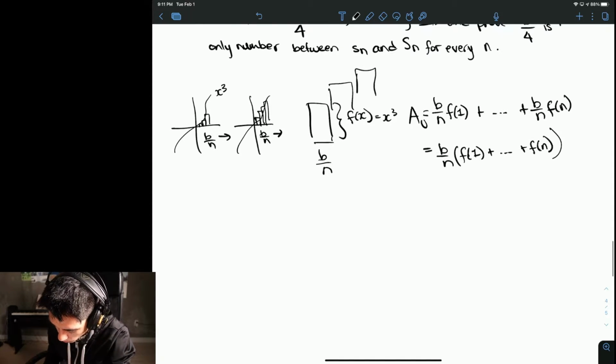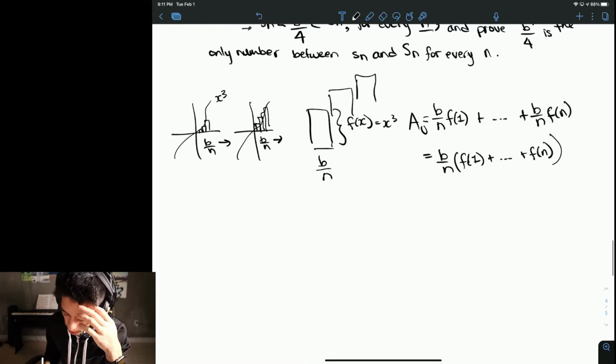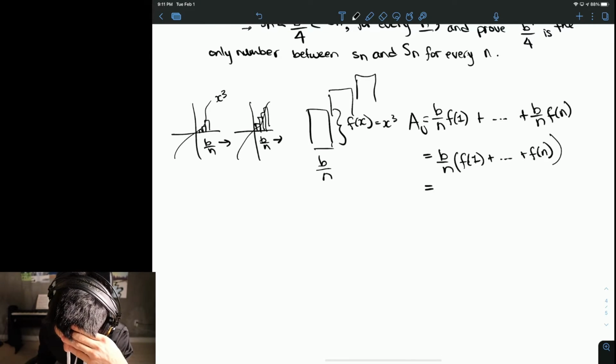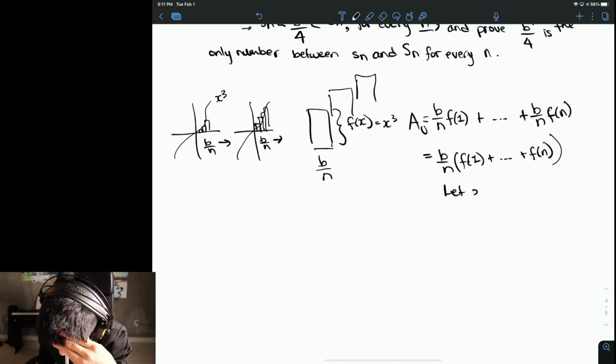And then I just realized I'm writing crooked, so that doesn't help. At this point, we can start to calculate what the f function does, which we know is cubed. We'll do an intermediate thing and just say let x equal kb over n.